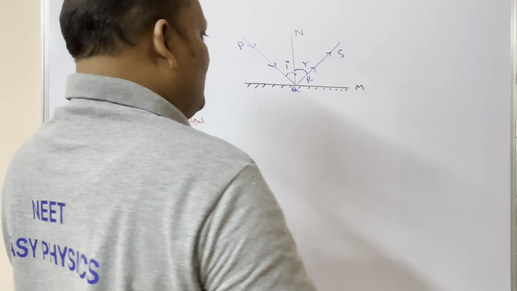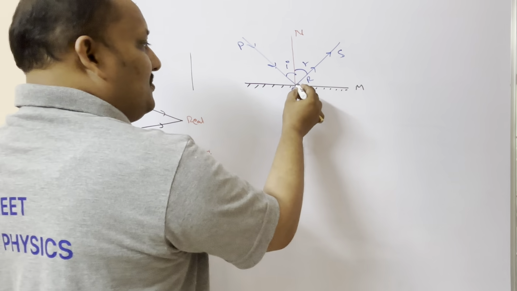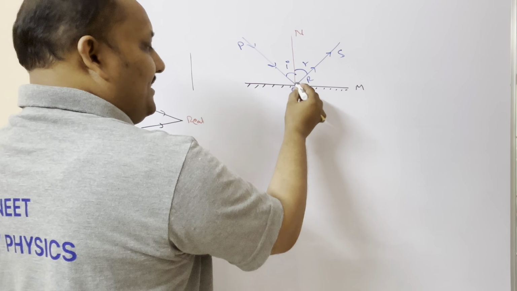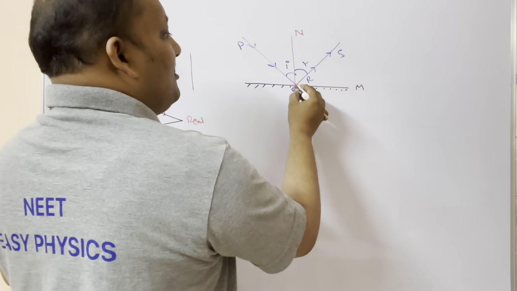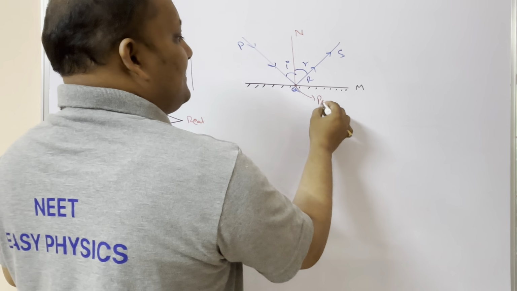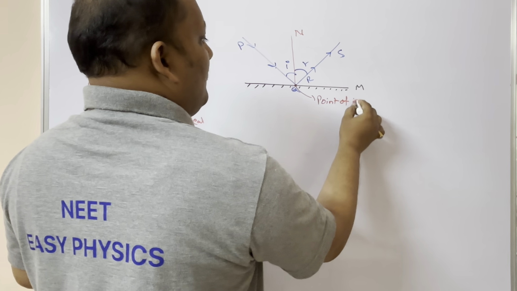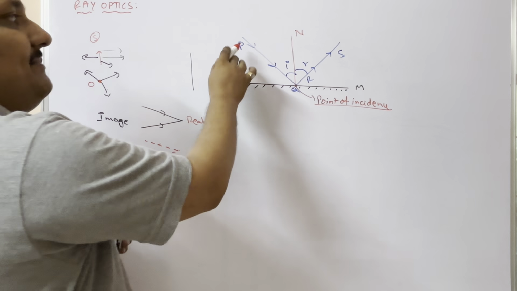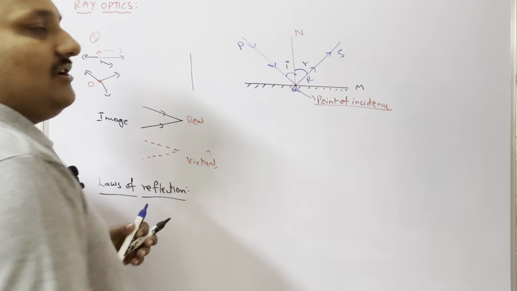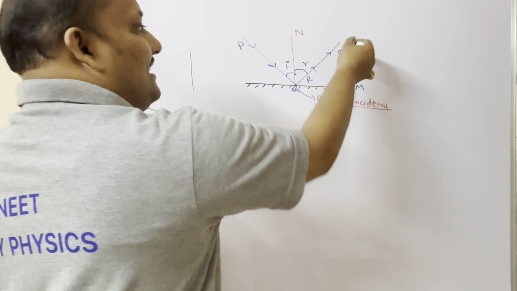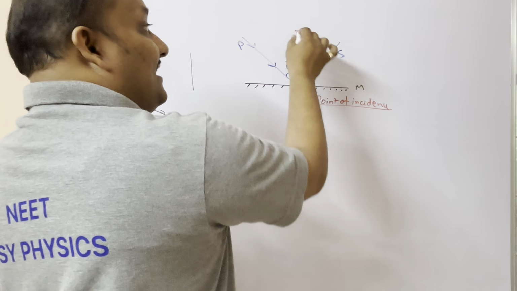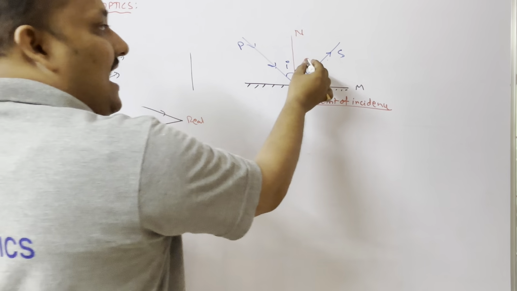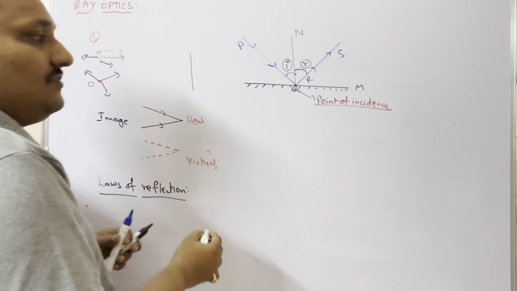Where you draw the normal, this point Q, we call the point of incidence. The angle made by the incident ray with the normal, we call the angle of incidence. The angle made by the reflected ray with the normal, we call the angle of reflection.